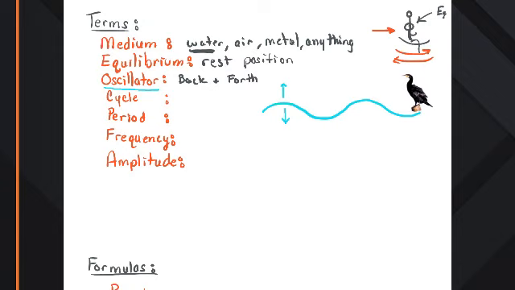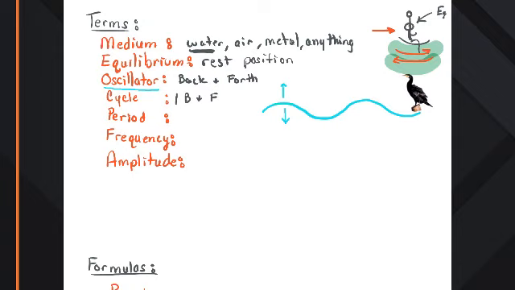All right, so another term, we have a cycle. A cycle is one repetition. All right, so in terms of this kid over on the right, this kid moving forwards, then backwards, that is one back and forth movement.